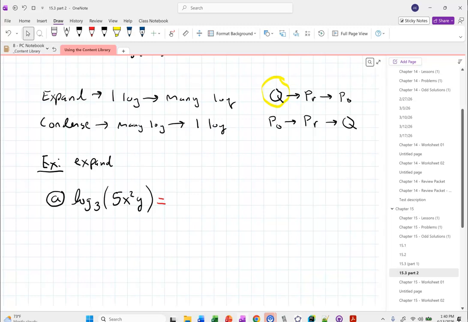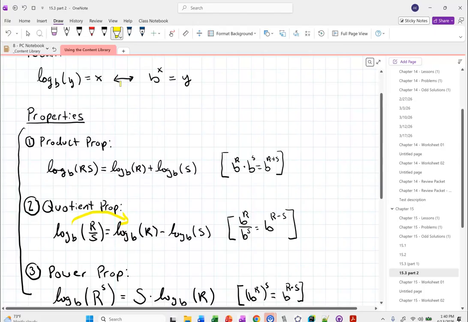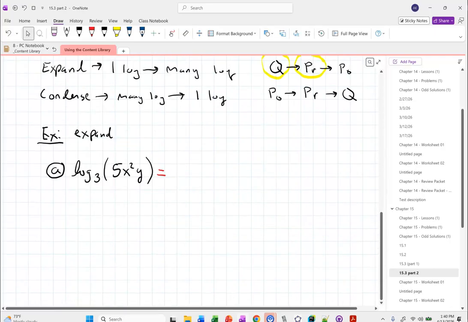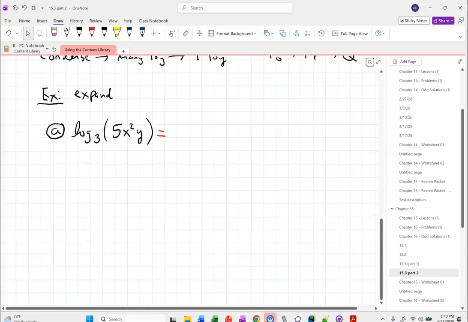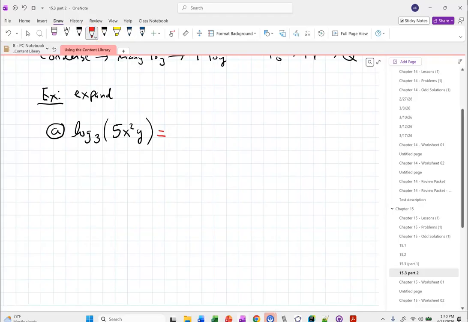Everybody's okay? The next thing we're going to look for is a product property. Here we're going to be looking for multiplication inside our logarithm. Do you see multiplication going on inside our logarithm? Yes. How many multiplication symbols are there? 2.